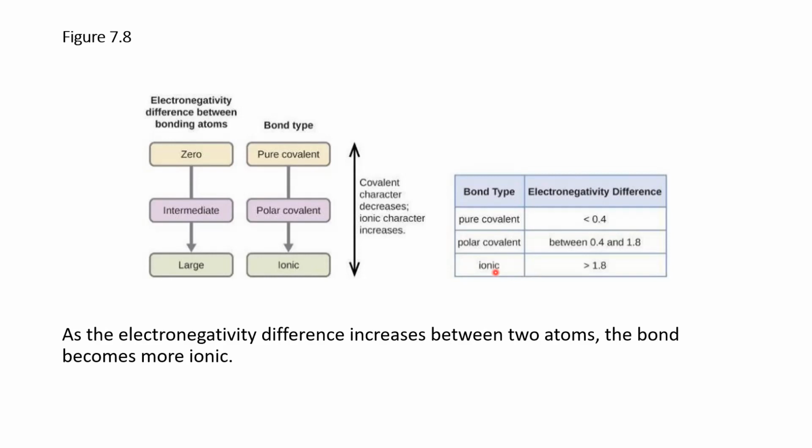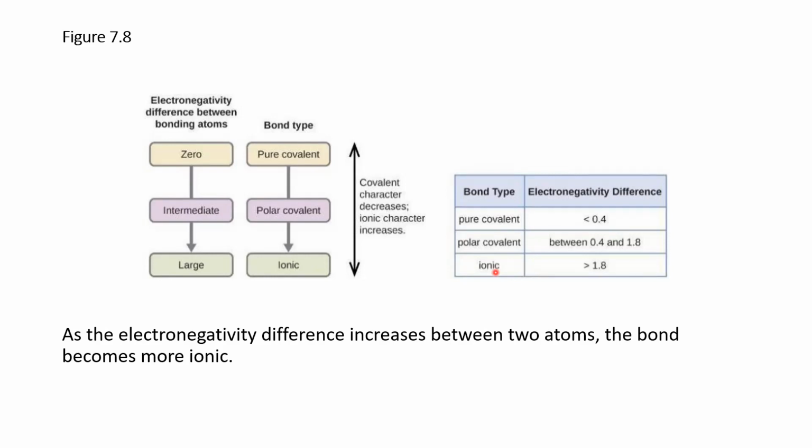So if we knew what two atoms were involved, and we knew the electronegativity values for those, we could just look at the difference. If it's greater than 1.8, it's ionic. If it's less than 0.4, it's a non-polar or pure covalent bond, like the textbook calls it. And if it's in between those two, that would be a polar covalent bond.